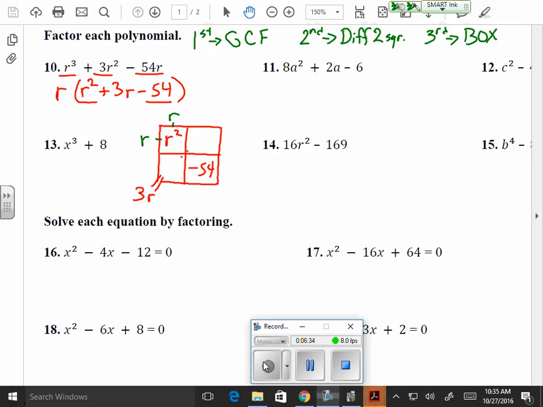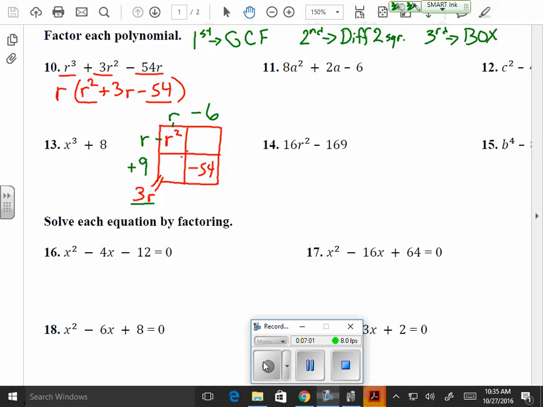And then for 54, I need two numbers that will multiply together to give me negative 54. Probably 9 and 6, and we need to make one of them negative. Since my total needs to be a positive 3r, I'm going to make the smaller one negative and leave the larger one positive so that my result will be positive.